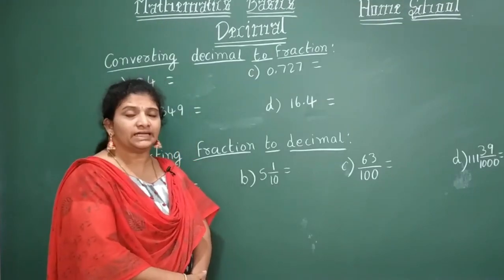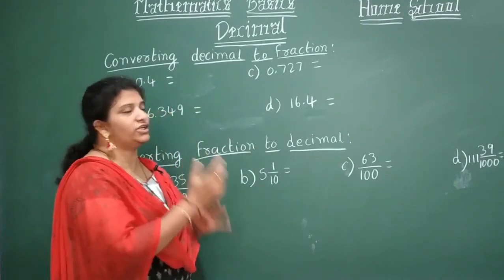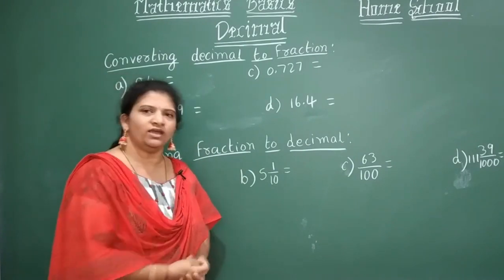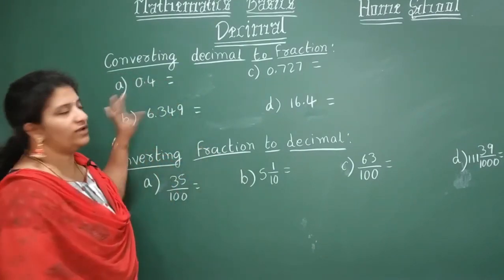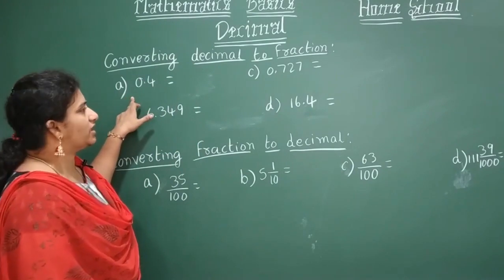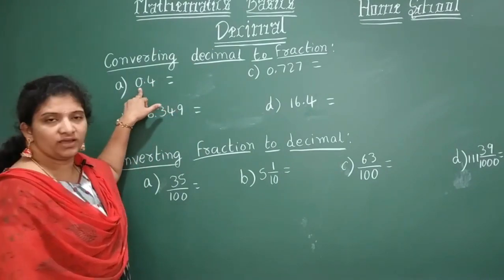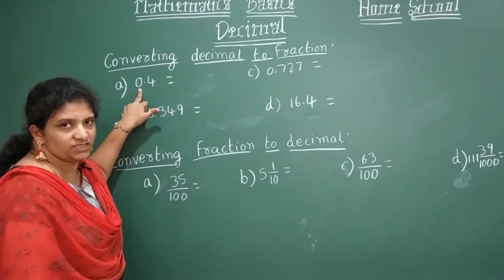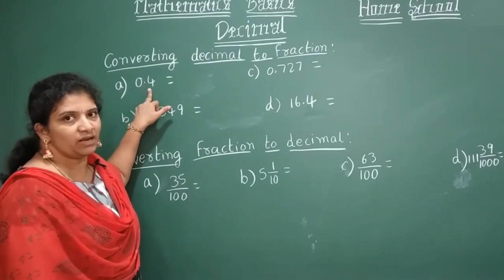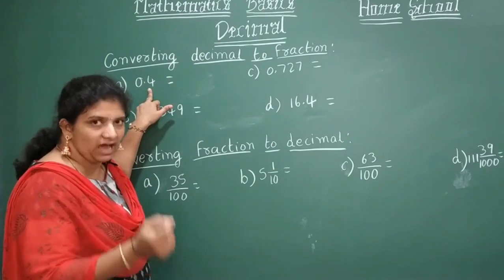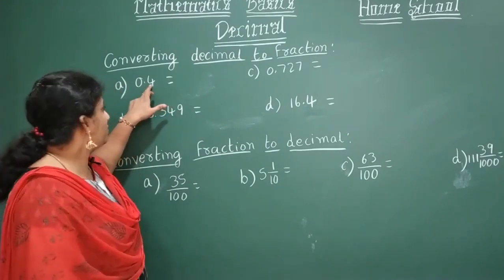Children, we are going to learn now how to convert a fraction into decimal and decimal to a fraction. Observe here carefully. First sub question here. What do you have? 0.4. So see the whole number here. There is no whole number here. It is 0. So after the decimal point, how many decimals are there? And where is the position here?